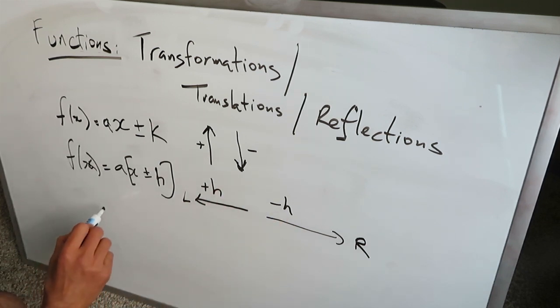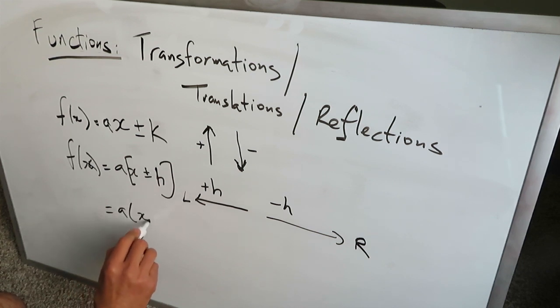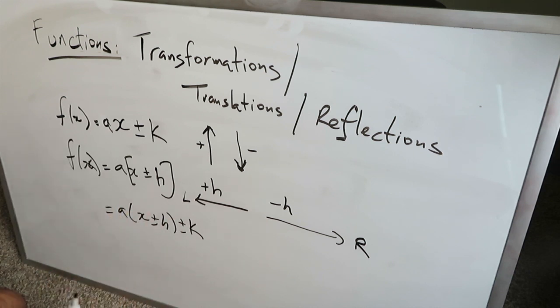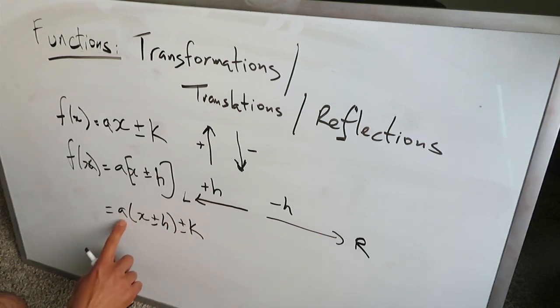You can also have a combination of these two effects, a vertical and a horizontal. x plus and minus h will be using only one sign. You wouldn't have both, plus and minus k. So in these cases, something is moving horizontally right and left, and something is moving vertically up and down. And if you end up affecting a, in addition to these horizontal vertical translations, you can have vertical stretching or horizontal stretching.